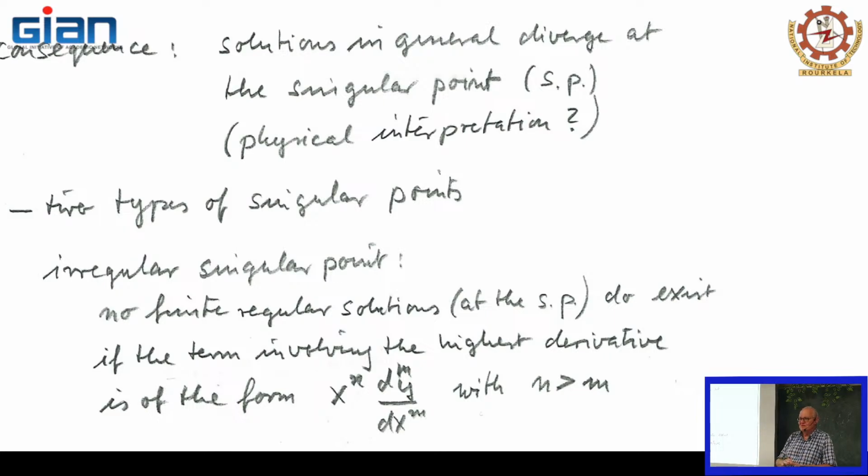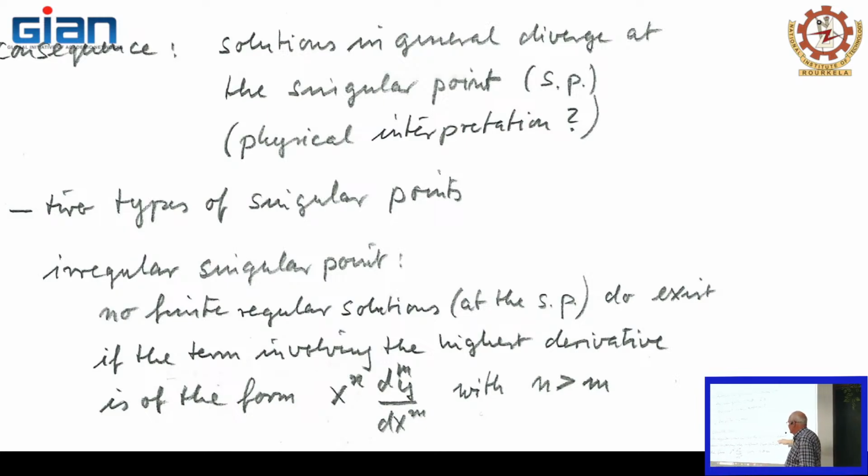For physical reasons, we always need regular solutions. And in those cases where we have a regular singular point, we have to select those regular solutions from the solution space and exclude the irregular possibilities. Okay.